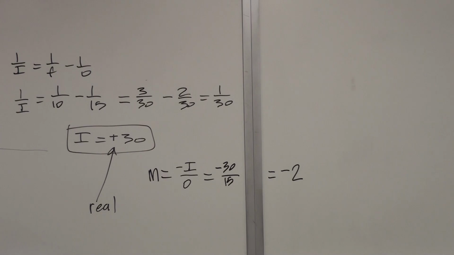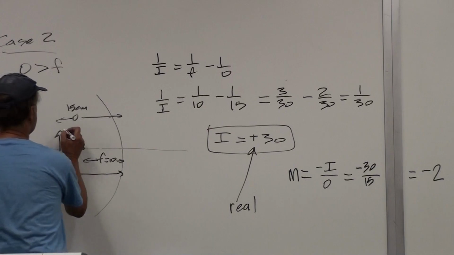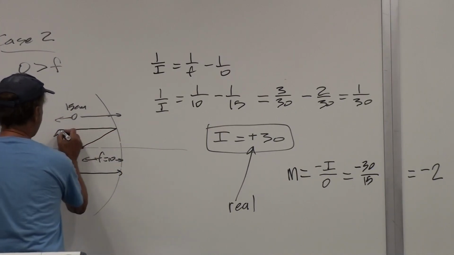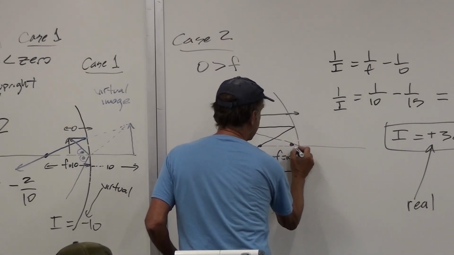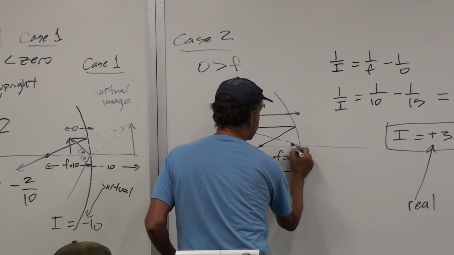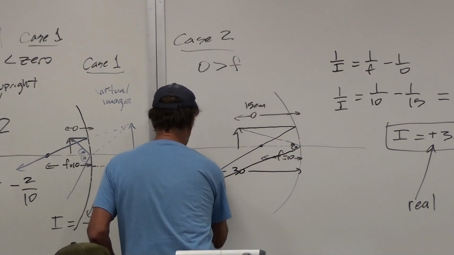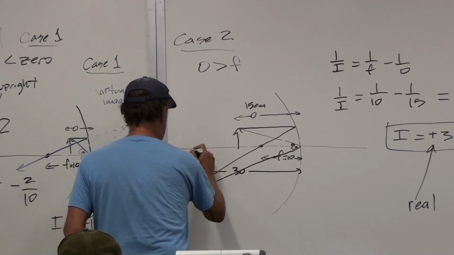So how do I verify that? Well, again, just remember what I did last time. One ray comes in parallel through the focal point. Do the same thing here. Parallel through the focal point. A second ray can hit the center so that the angle of incidence equals the angle of reflection off of the axis. And if I've drawn these carefully, they'll come back together again at the right point.